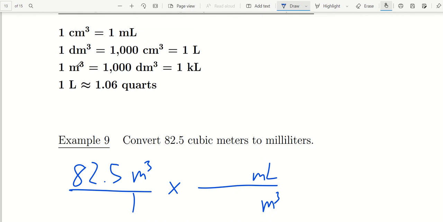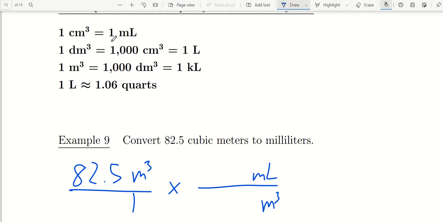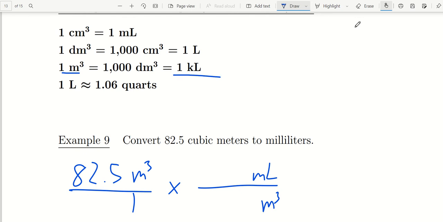So from meters cubed to milliliters. Well, we have from milliliters to decimeters cubed. We have from meters cubed to kiloliters. So we're going to have to do a little bit of a conversion here. So we can't go directly from meters cubed to milliliters. But what we can do, for instance, is we can go from meters cubed to kiloliters first. Let's do that.